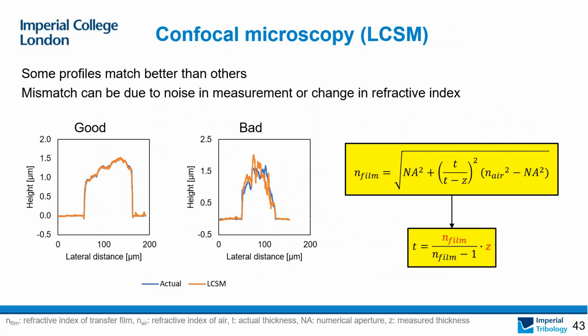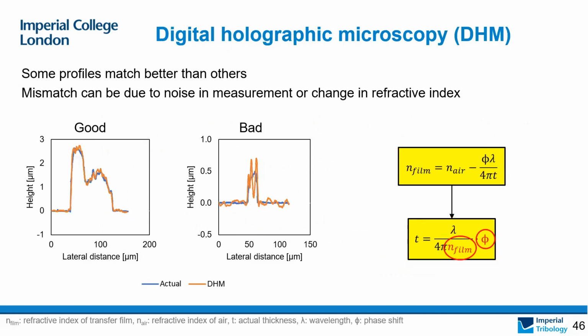If we simplify and rearrange the governing equation, we can see that there are only two independent variables in the equation, which are the refractive index, N film, and the measured thickness C. This suggests that any mismatch between the measured and actual profiles is either caused by C due to the noise in measurement or N film due to the change in refractive index.